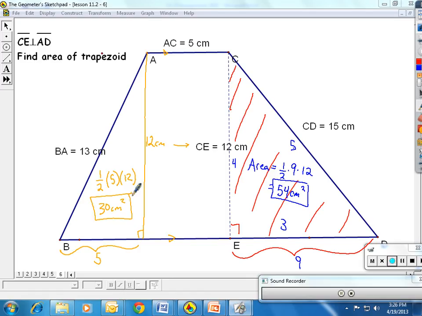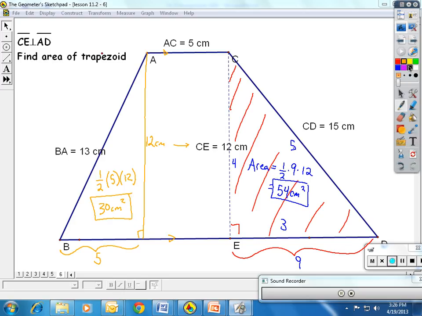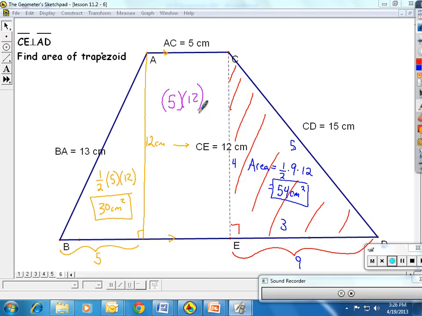And now we're left with this rectangle in between. And we can find that guy easy enough. This is just going to be 5 times 12, which is 60 centimeters squared. And so my total, just like we learned last lesson, all I have to do is add up all of these parts.